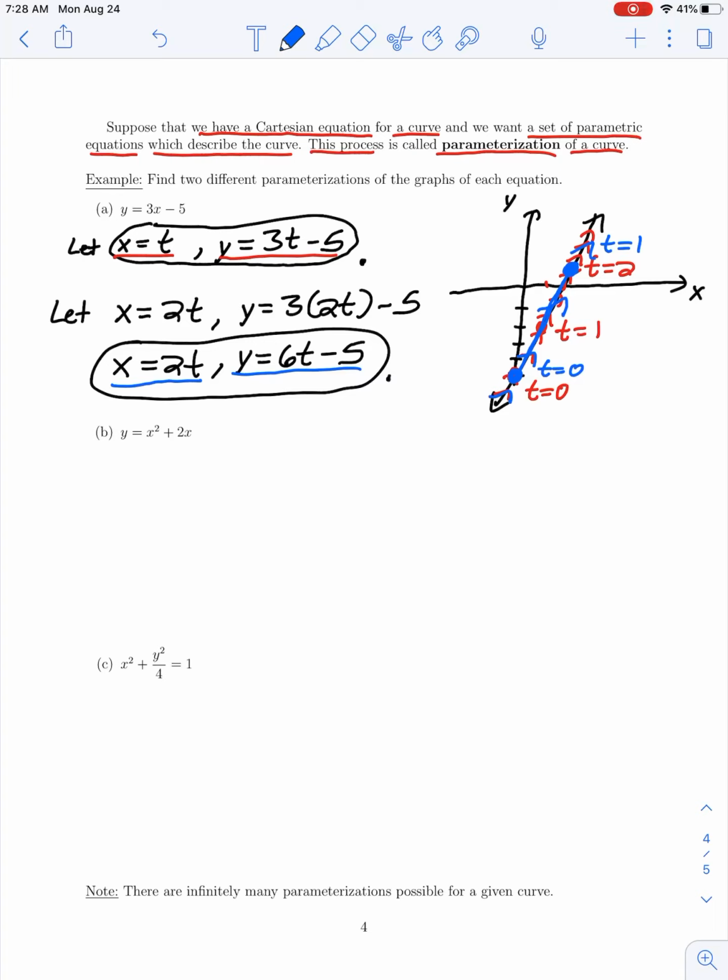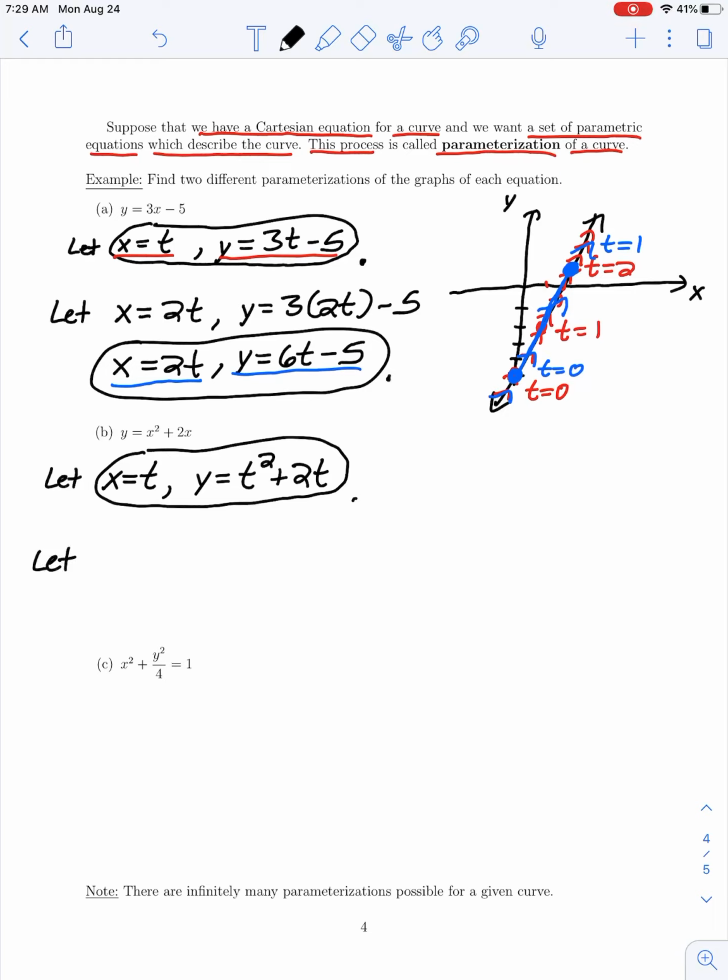So looking at another one in part B, we have y is equal to x squared plus 2x. Again, any time that we have the Cartesian equation given explicitly as y equals a function of x, an easy parameterization is to let x simply be t, in which case y is equal to t squared plus 2t.